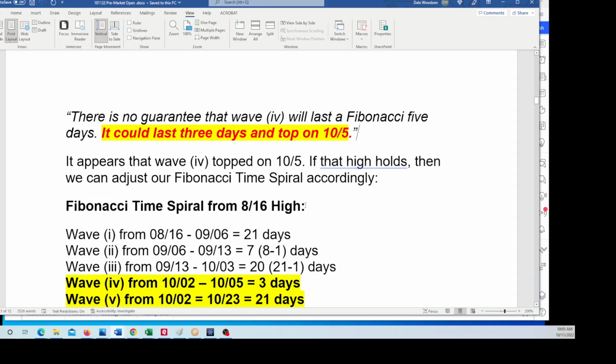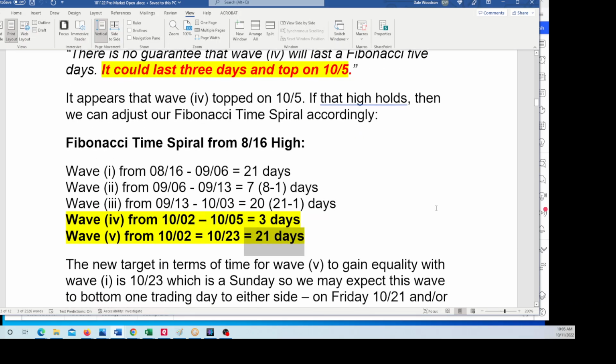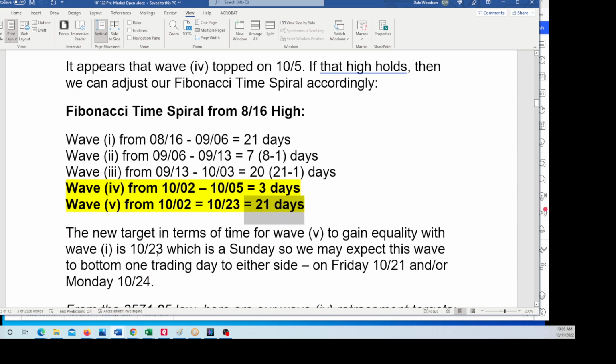If that holds, then this spiral that I just created after the August 16th high shows wave 1 was a Fibonacci 21 days, wave 2 was a Fibonacci 8 minus 1 days on the 13th, and then wave 3, 21 days minus 1. So 4 would be a Fibonacci 3 days on the 5th, and wave 5, as far as time is concerned, would gain equality with wave 1 on 10/23, which is a Sunday.